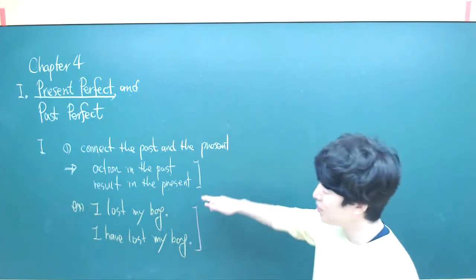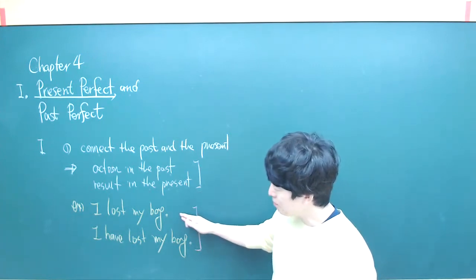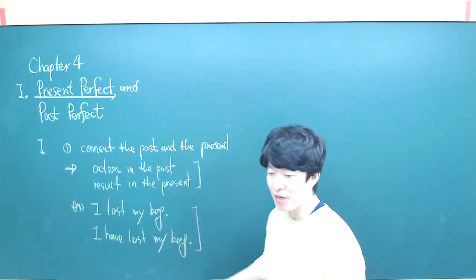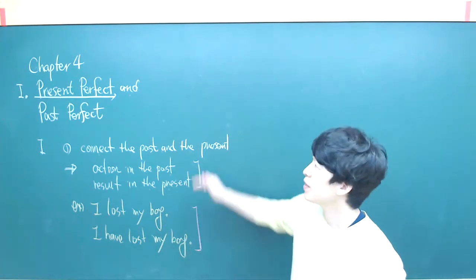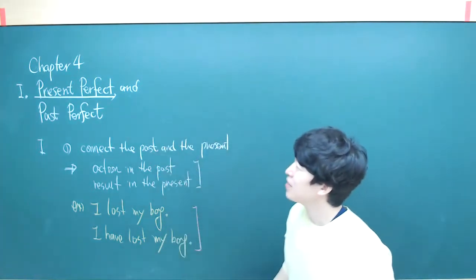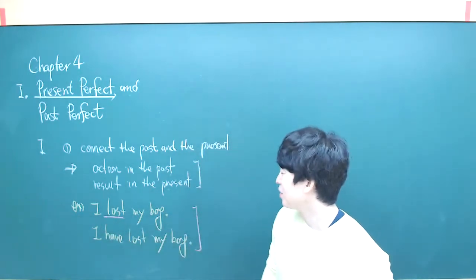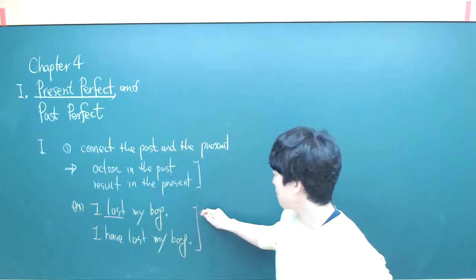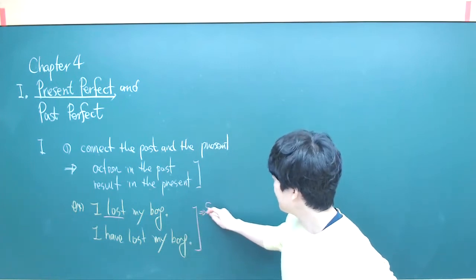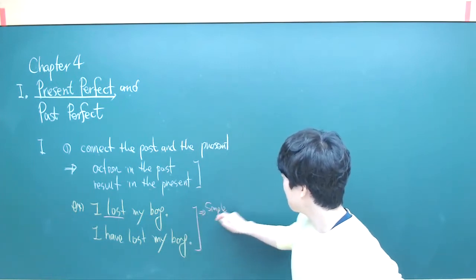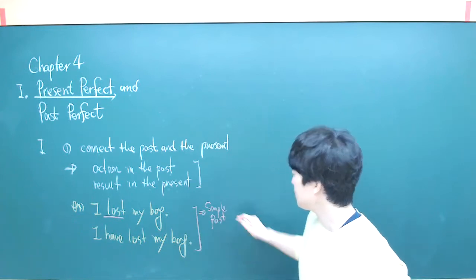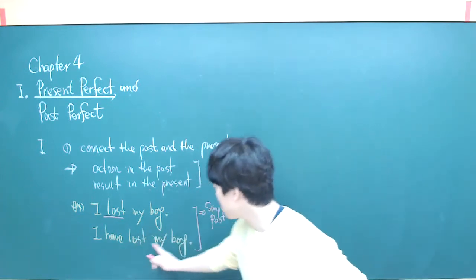Once you understand the difference in meaning of these sentences, you can figure out what the present perfect exactly means. I lost my bag. This is simple, right? And I have lost my bag.